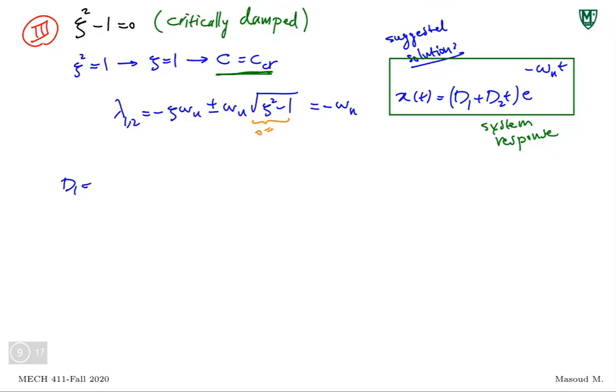D1 is very easy, it is X naught, the initial displacement, and D2 is equal to X naught dot plus omega n X naught. These are the coefficients D1 and D2. So as long as you know the system's initial conditions and its characteristics, you can find the system response. How does that system respond to any given input? Which is what we wanted.